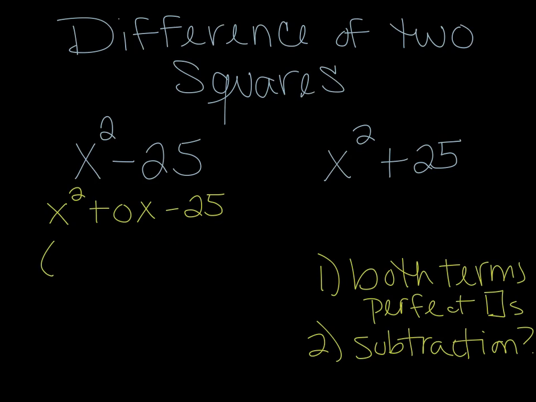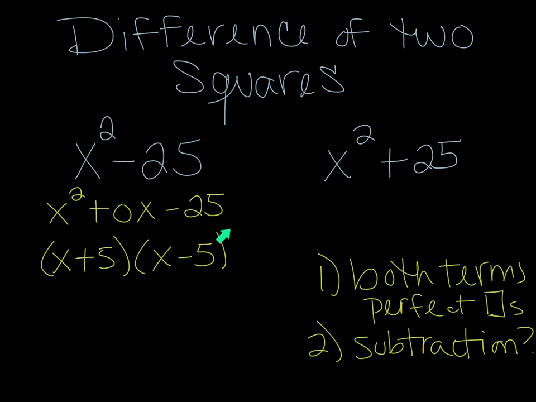So this would factor into x plus 5 and x minus 5. And that will be true every single time. Because you have these opposite signs, when you FOIL this back together, you'll get x squared minus 5x plus 5x, so those cancel, and then a minus 25 at the end.